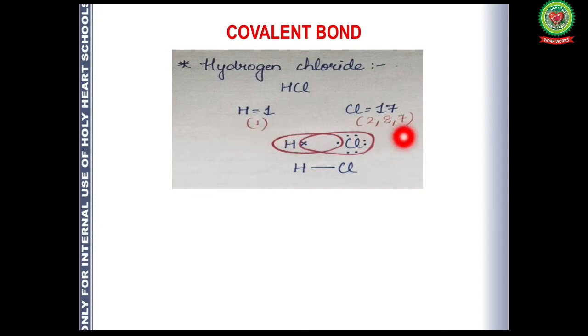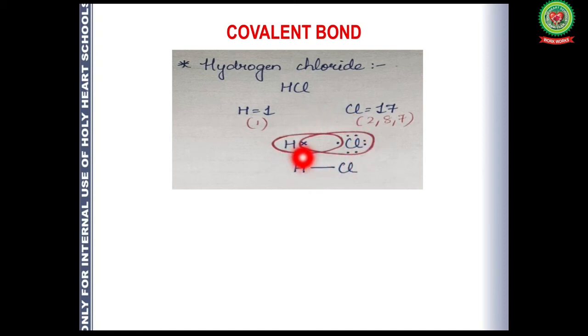So both want 1 electron to complete their respective outermost shell. If hydrogen achieves 2 electrons, it will have its duplet formation. And if chlorine gets 8 electrons in the outermost shell, then it will achieve its nearest noble gas configuration. For this, they share the electron pair between them.